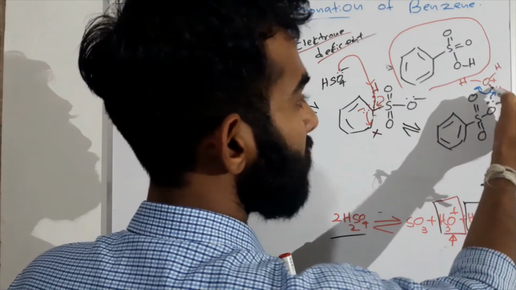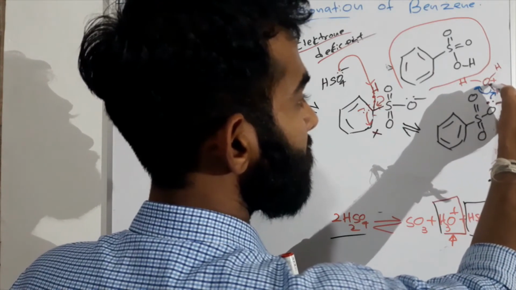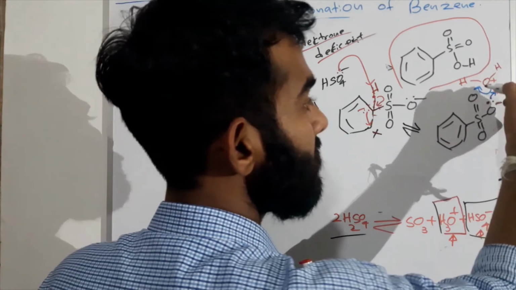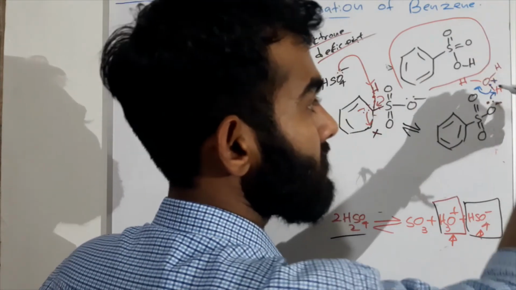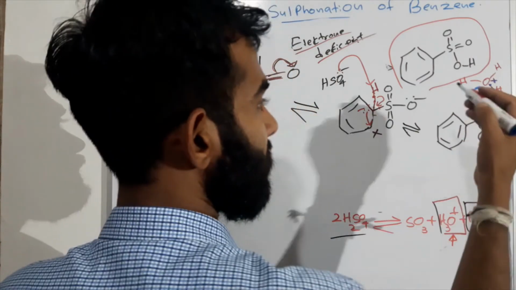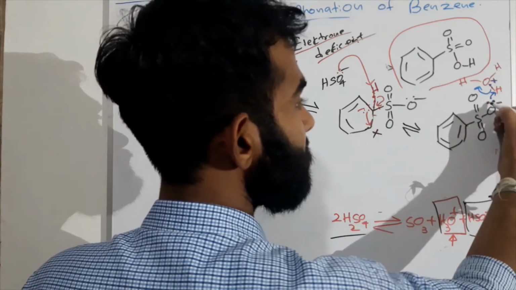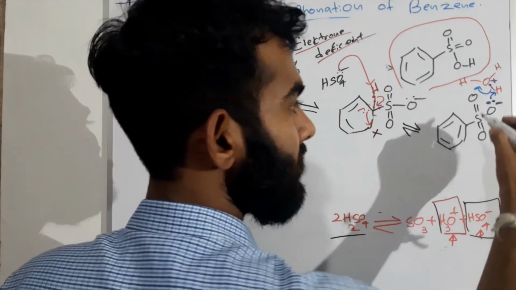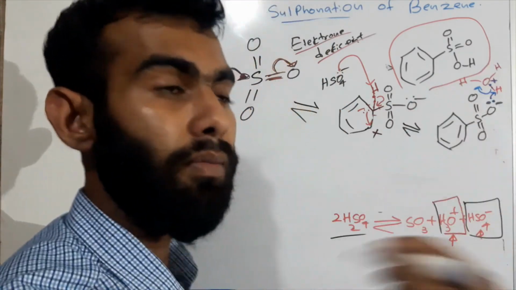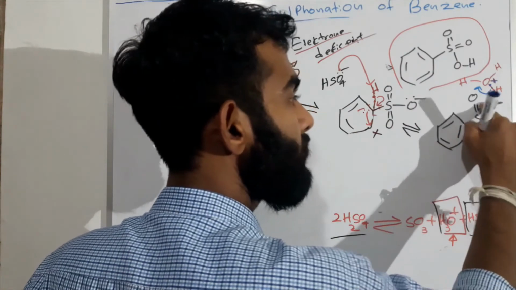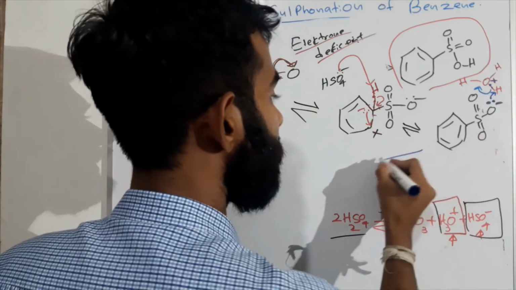Oxygen will get this bond pair, and because of getting a bond pair, it is negatively charged and it already has a positive charge. That acquired negative charge and positive charge will neutralize. On the other hand, this oxygen contains a negative charge. It will donate its lone pair towards hydrogen.